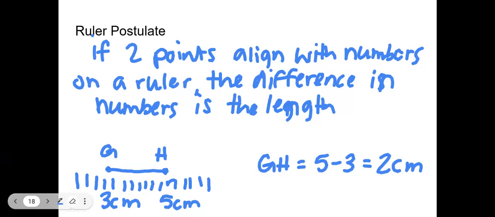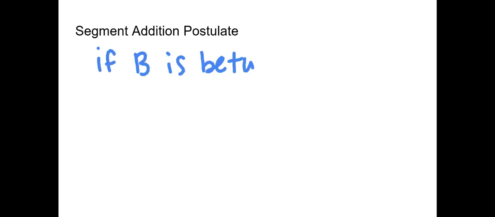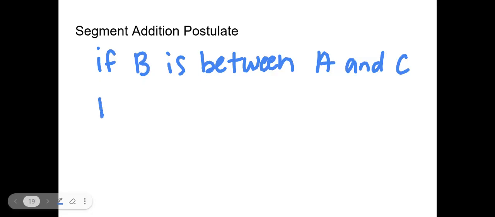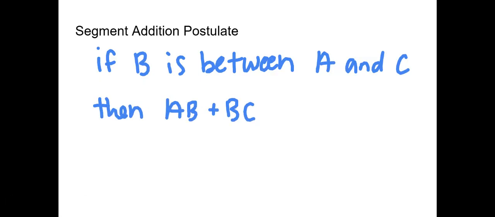Our next rule that we have is the segment addition postulate. And it says if B is between A and C on a segment, then AB plus BC equals AC. Part, whole. They come together to make the whole length.